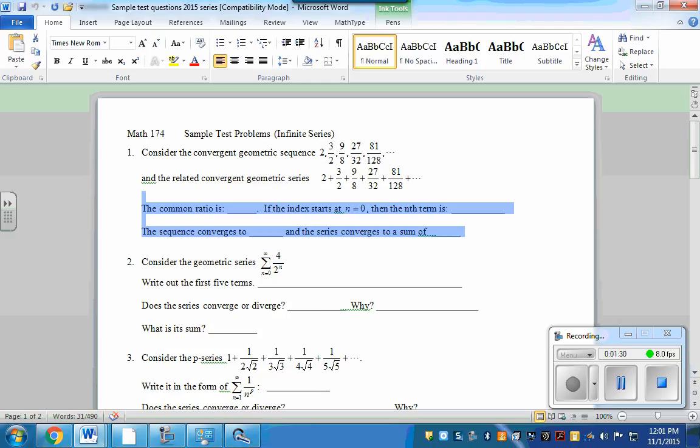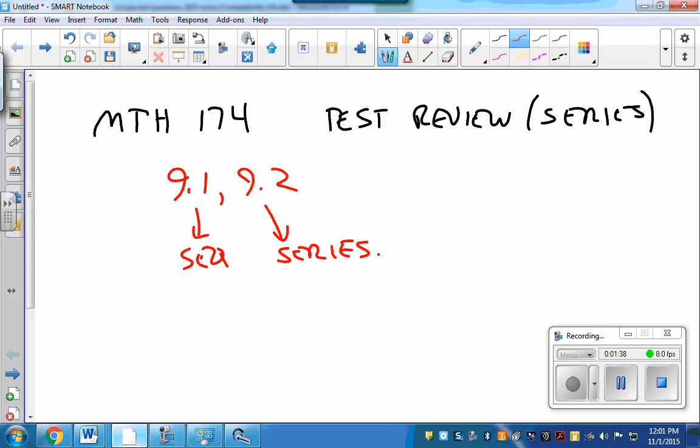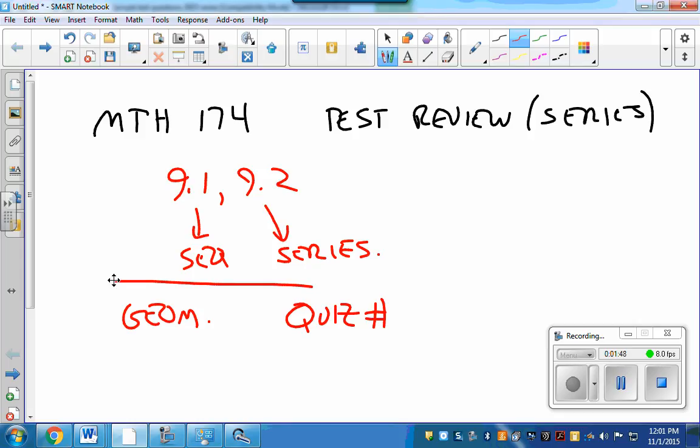Okay. The second thing on the sample test was the geometric series. And you should be able to handle geometric series. I particularly like the ones in the text and the ones on quiz number 2, question 3.